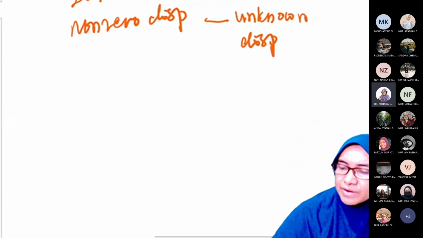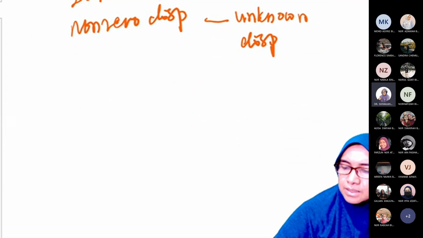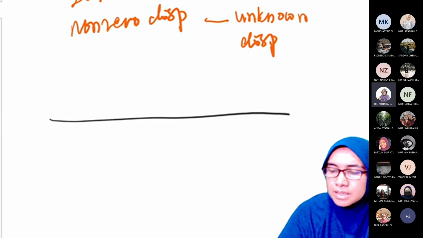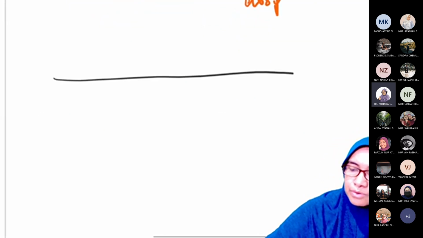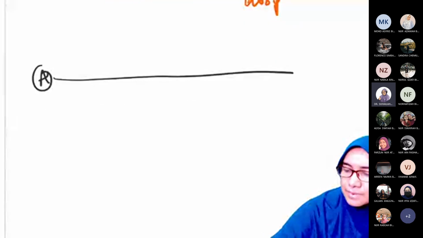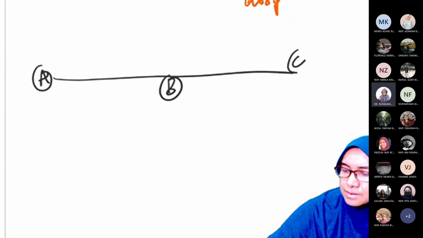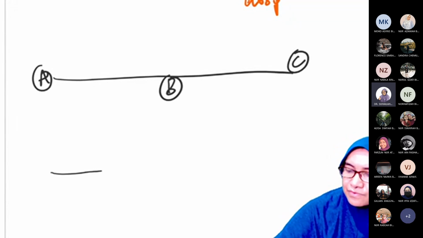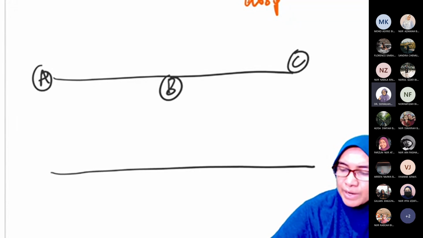Okay, degree of freedom we label like this. We have beam, we have node 1, node 2, node 3, A, B, C pun boleh. We have two because we want to do it separately.